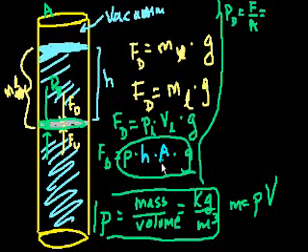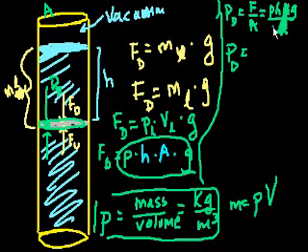So essentially, we can just get rid of the area here, right? So it equals ρ h A g divided by A. So get rid of the A's in both situations. So the downward pressure is equal to the density of the fluid times the depth of the fluid, essentially, or the height of the fluid above it, times the gravitational constant, ρhg.